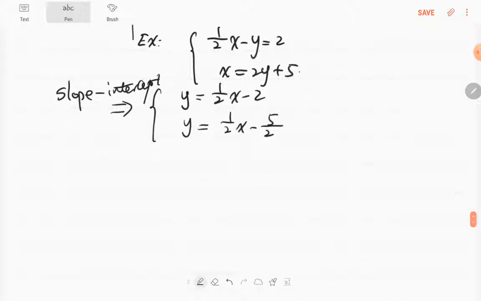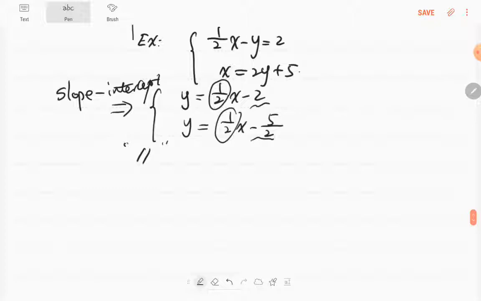So after we have the slope-intercept form for both equations, then we can observe. We can compare if these two equations have the same slope. Yeah, in this case, they have the same slope. Do they have the same intercept? No. The intercepts are different. So for this case, we will know this is one of the special case.